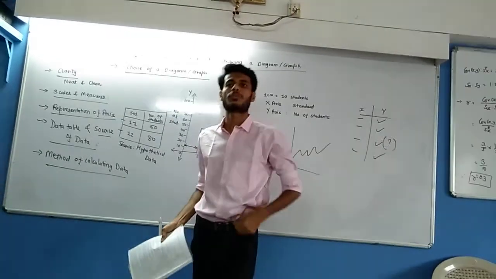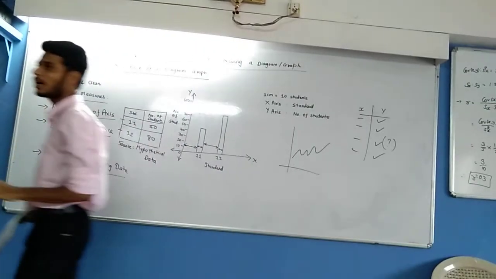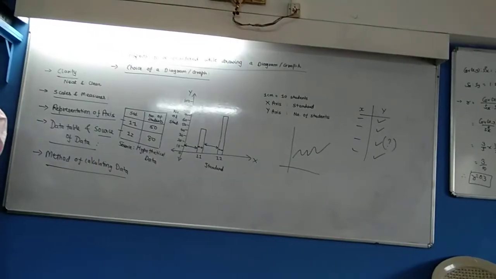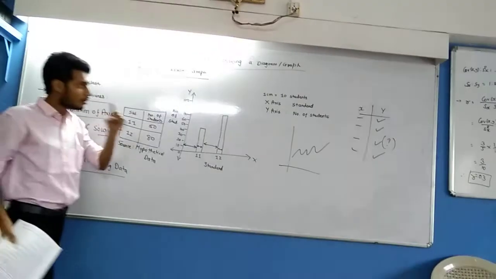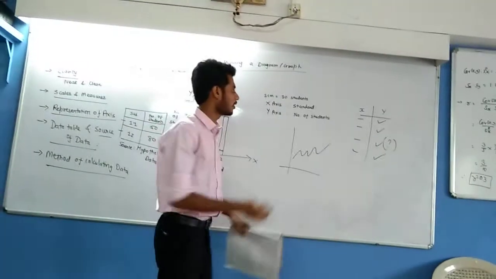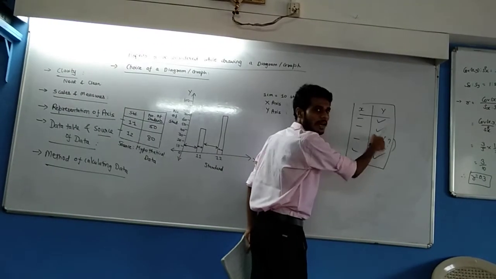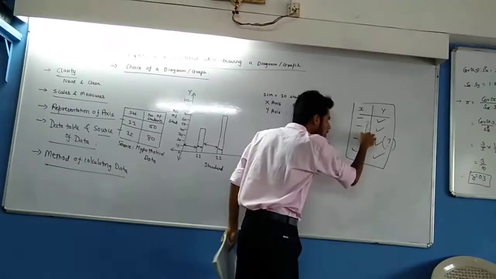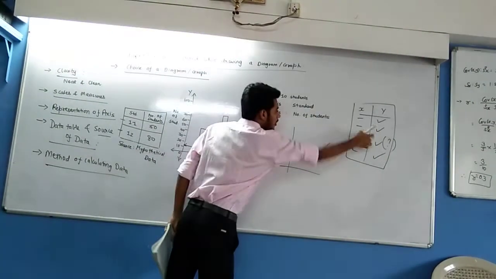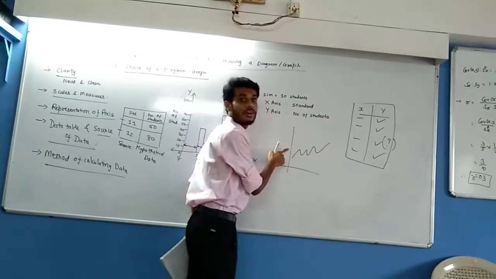So certain graphs, not all graphs, will require you to use a formula to calculate the data, and based on this we will get a table of x and y. Then using this table we will plot these values of x and y on the graph.